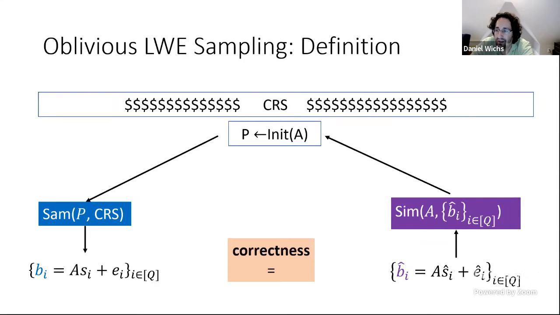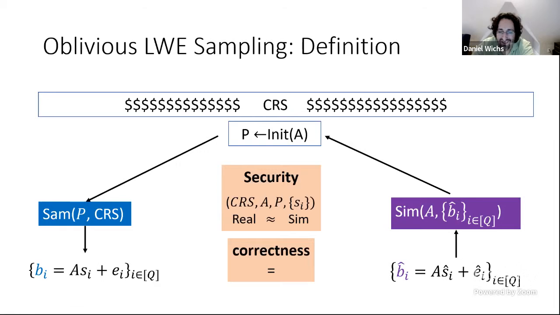Is the CRS dependent on Q? The size of the CRS can depend on Q, yeah. And it's supposed to be computationally indistinguishable, I guess, the CRS output? Yes, so this is the security property that you cannot distinguish between the real and the simulated version of the following tuple. So if you see the CRS, you see the matrix A, you see this public value P. So these are all the public values. But in addition, I'll actually open up all the LWE samples that the sampler generates.